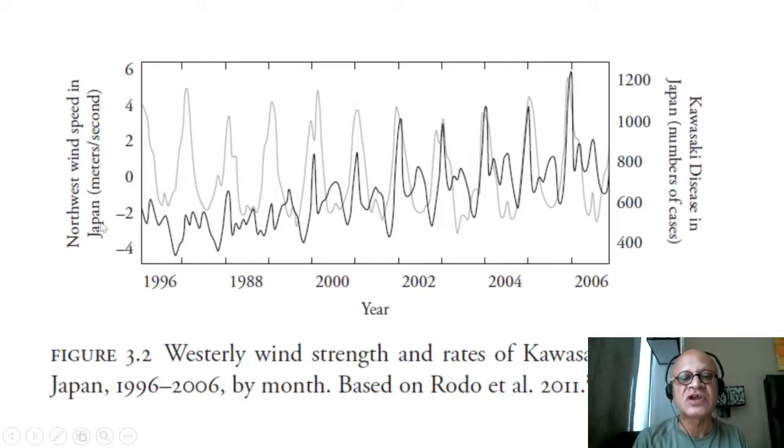So you find a strong statistical relation between westerly wind strength, winds coming from the west, China, Mongolia onto Japan, and rates of Kawasaki disease in Japan during 1996 to 2006 by month. Kawasaki disease is especially high in Japan.